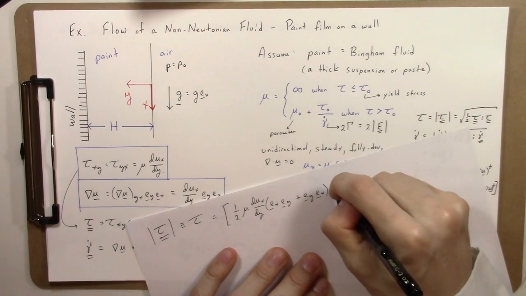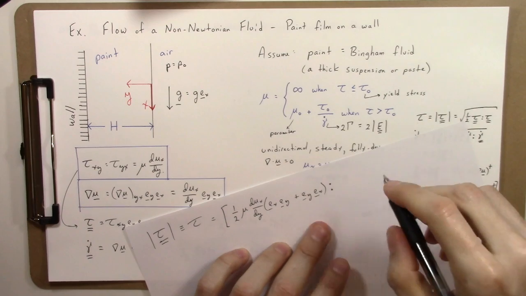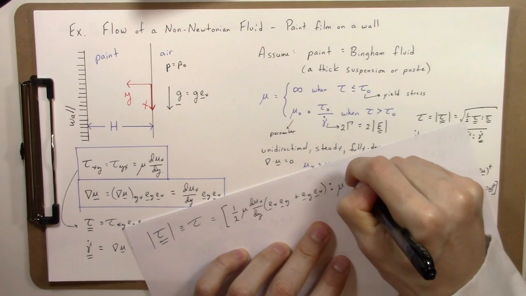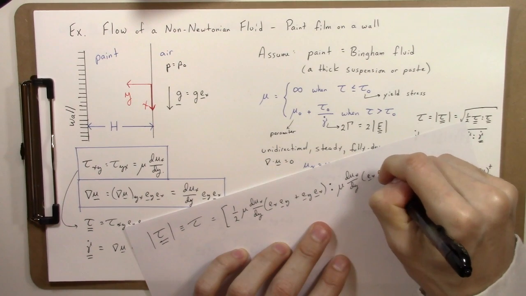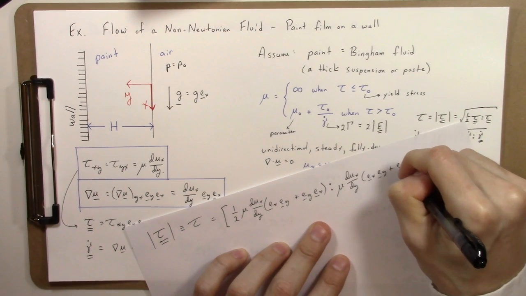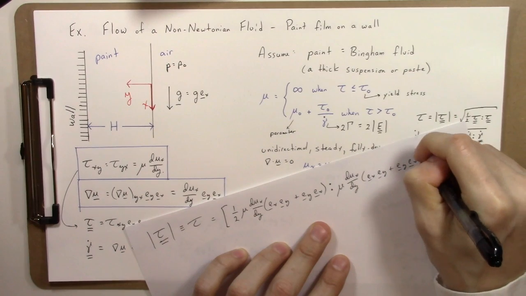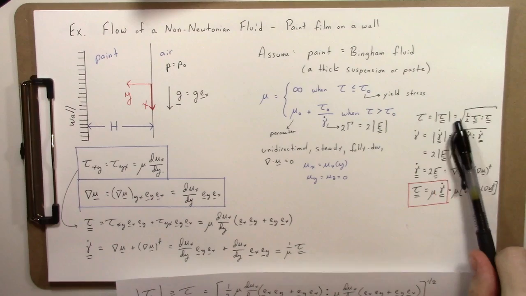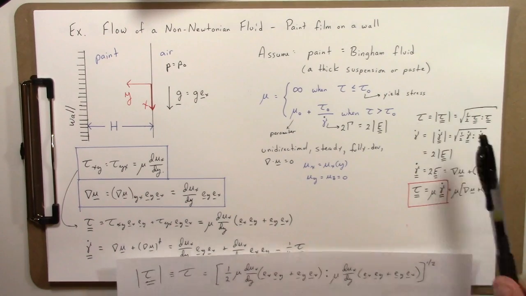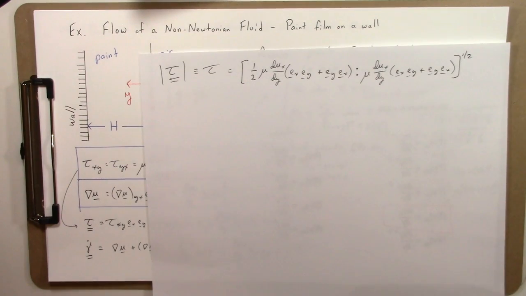And then we take the double dot product of that with tau again, mu dux dy ex ey plus ey ex, and we have the square root like that. So that's our formula for the magnitude of any tensor, and we apply it here to the viscous stress tensor.